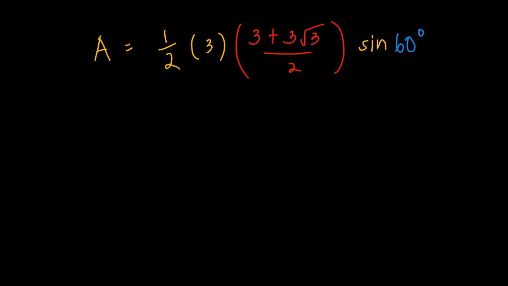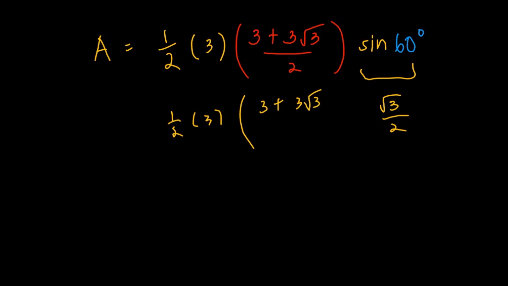Sine of 60 degrees is one of those special angles, equal to square root of 3 over 2. So 1/2 times 3 times 3 plus 3 square root 3 divided by 2.